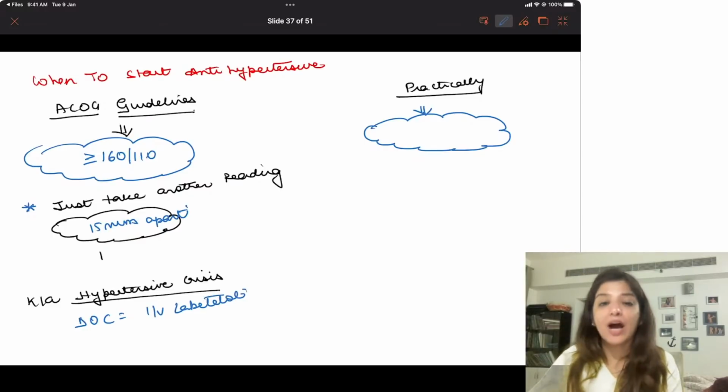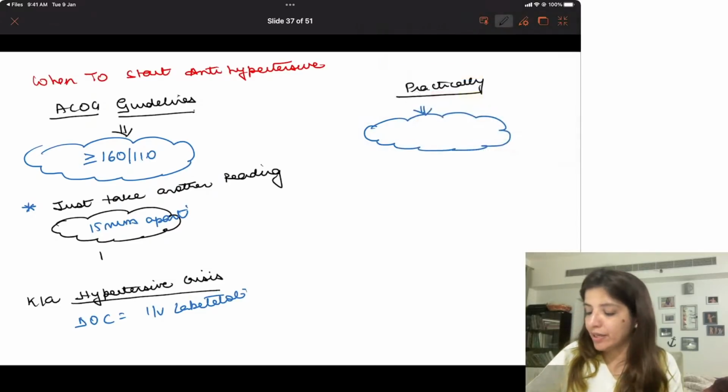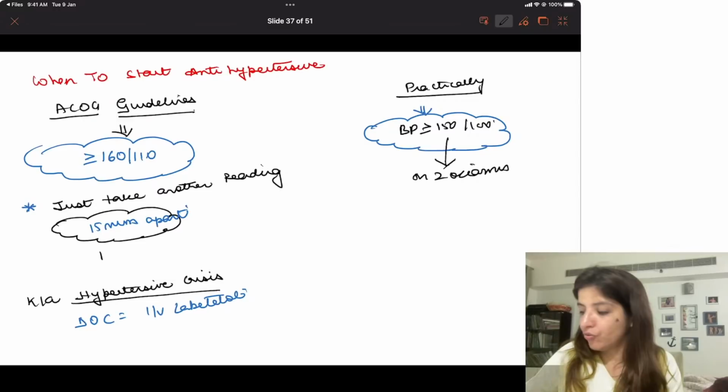Practically, we are going to start antihypertensives when you are getting BP more than or equal to 150 by 100 on 2 occasions 4 hours apart. Right? And in this case, I am going to start with oral labetalol.